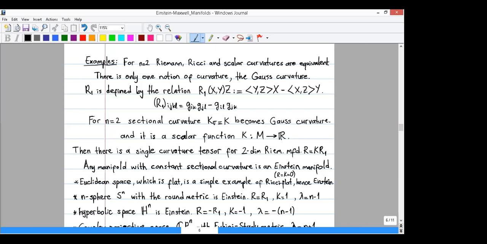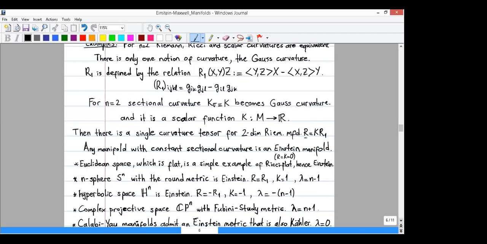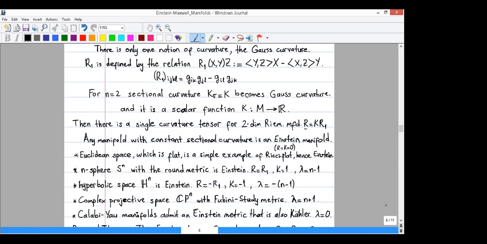Gaussian curvature is a scalar function defined on a manifold to the reals. Then there's a single curvature tensor for a 2-dimensional manifold, R is equal to k times R1. This is already known, and that means it satisfies the definition of an Einstein space.